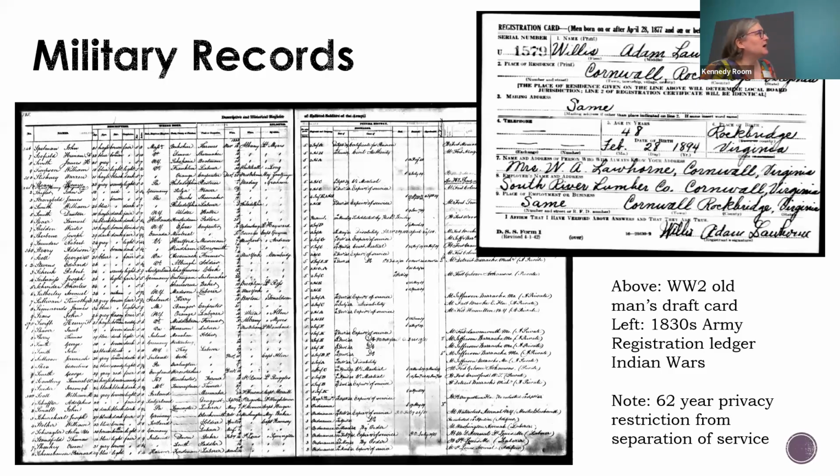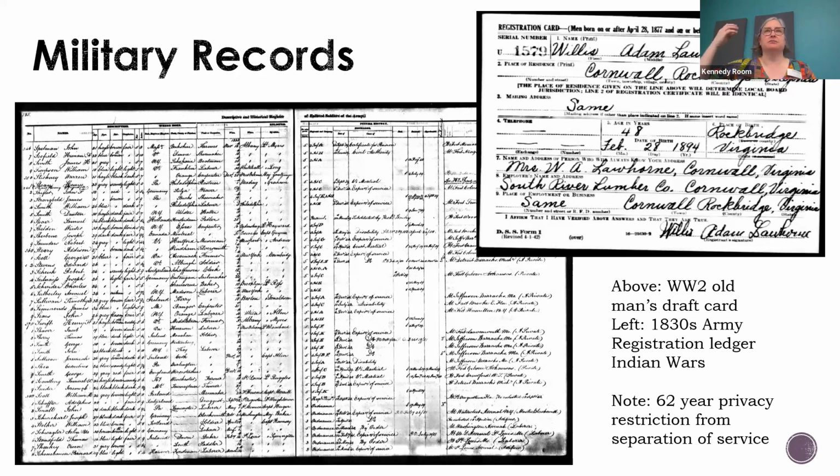Military records. The top right is my great-grandfather's draft registration card for the old man's draft. It gives you a lot of information about where they were living at the time the draft was happening. His age, he was 48, so he was too old, but he had to register anyway.